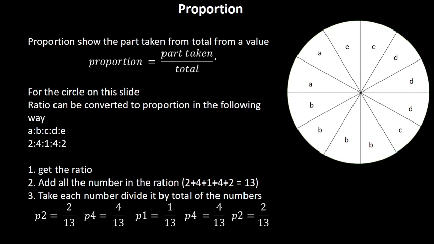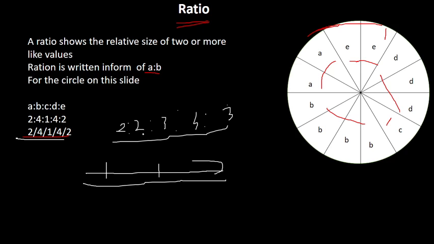That is to say, before you can calculate proportion, you must see the part taken and you must see the total. For example, in the cane aspect that we just exemplified here, if I ask you what is the proportion of the length that takes 2 units, maybe 2 centimeters? Add all this length together, add the total length of 2 centimeters.